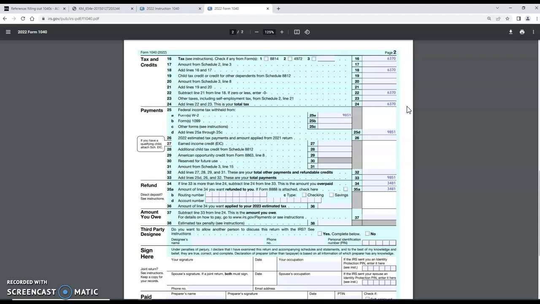Plus, that is against the law. It is considered fraud, and you could go to jail for it. So you need to fill out your W-4 correctly. Some people are entitled to have 9 allowances.